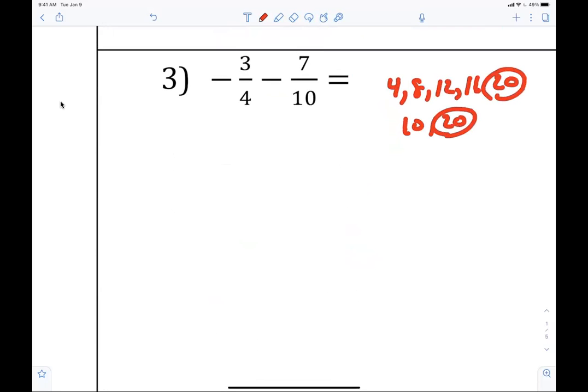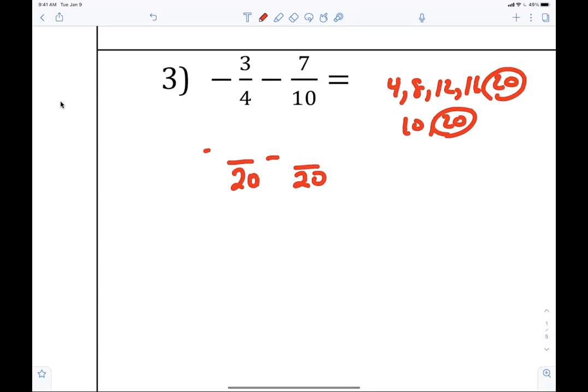All right. So now we're going to convert everything to 20s. Some of you, like Nora, don't have to write what you multiply by. I'm expecting you not to have to do that. So what am I multiplying the first fraction by? Tell me. 5.